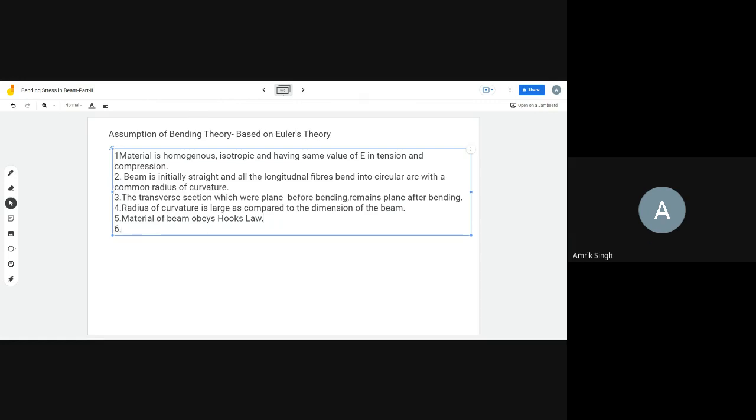And the last assumption is that each layer is free to expand or contract independently.